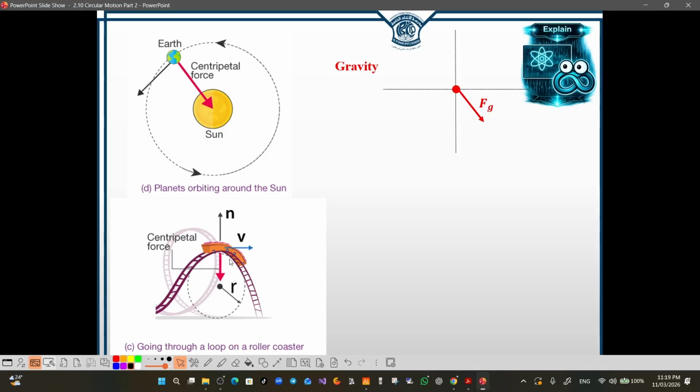We have two forces acting on the object. The first force is the normal push. The second force is the force of gravity. The net force due to these two forces is the centripetal force. So it's the net force, which is a composition of gravity and the normal push, and we should represent them both in the free body diagram.